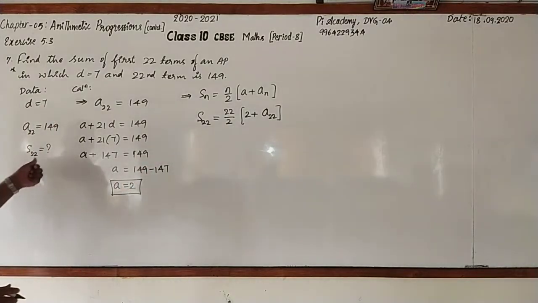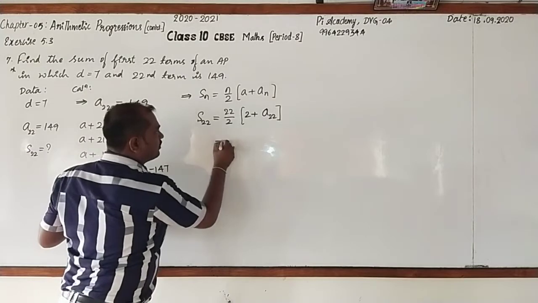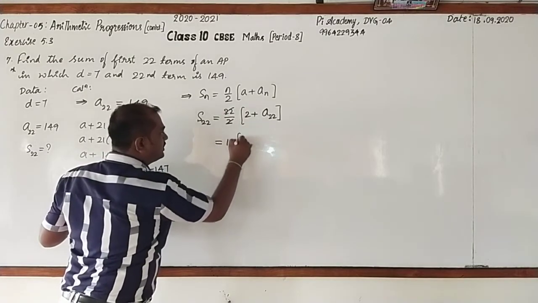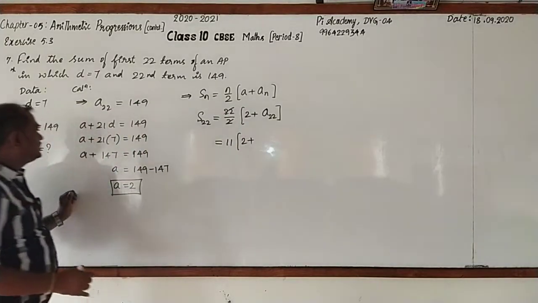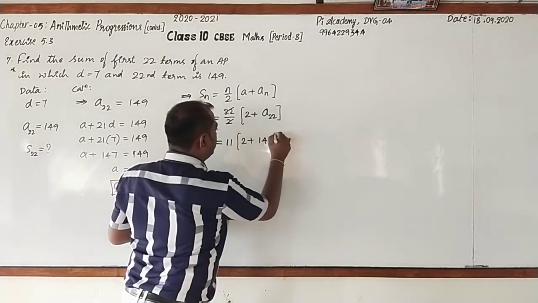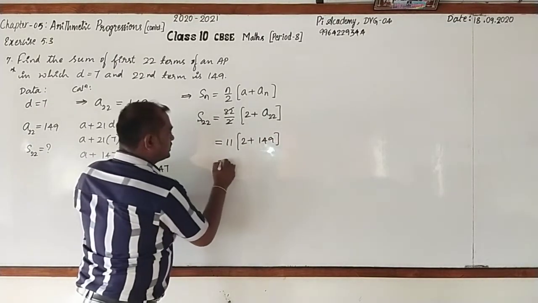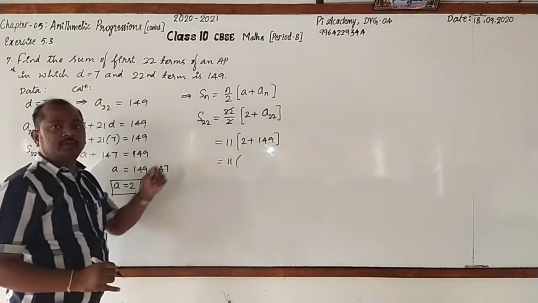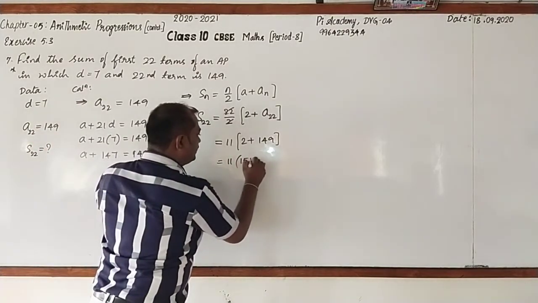Now what is S22? It is unknown, which we are going to find out. Now this is equal to 11 into 2 plus a22. What is a22? This is 149. Now this is equal to 11 into 149 plus 2, this is 151.